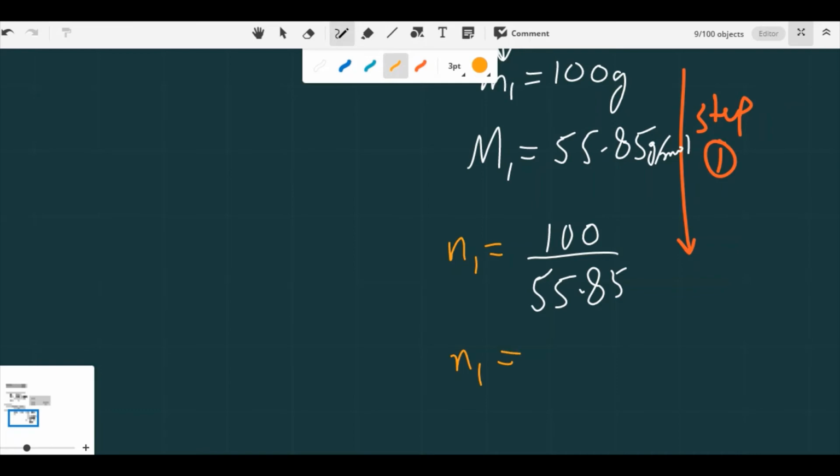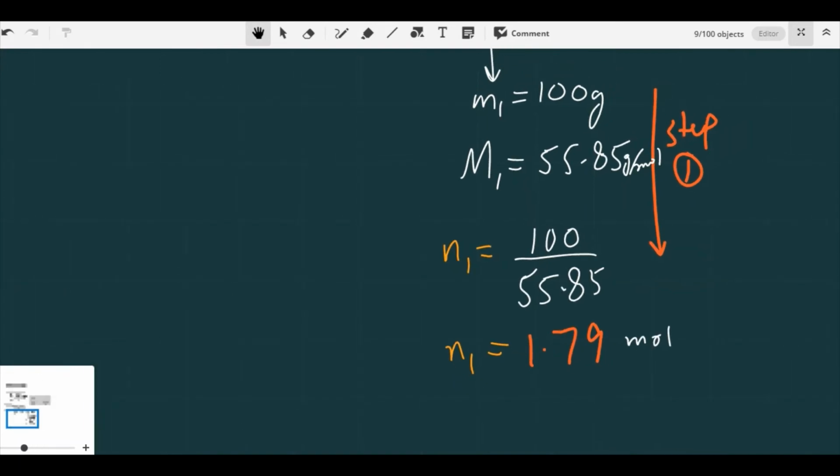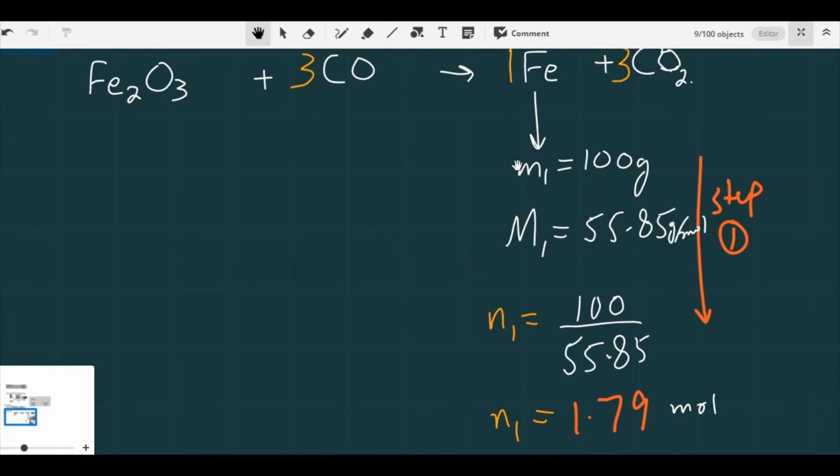So 100 divided by 55.85, and you get N1 equal to 1.79 moles of iron.